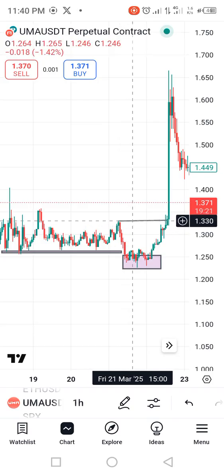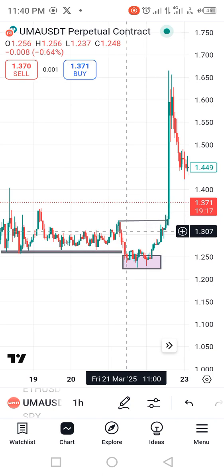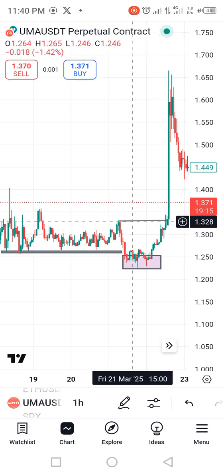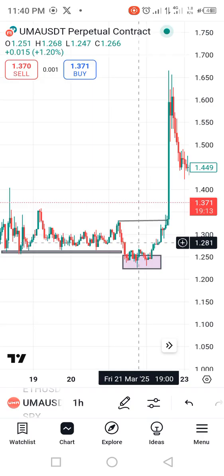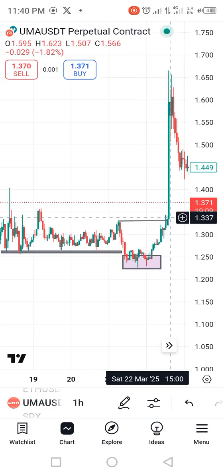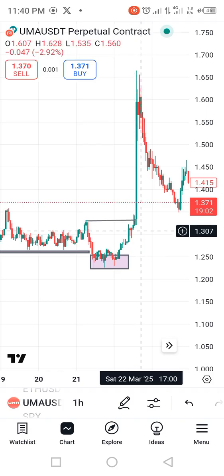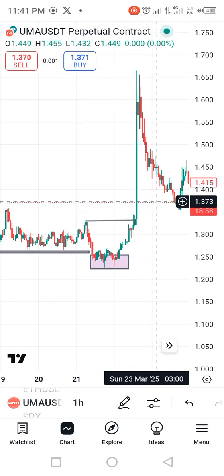It has to do all this before it's confirmed to be an AMD. Look at it when it trades above it. Then what happened? It pumped from there. It didn't even retrace. That's why I say sometimes it may not give that deeper retracement. It may just retrace a little bit and then pump up.